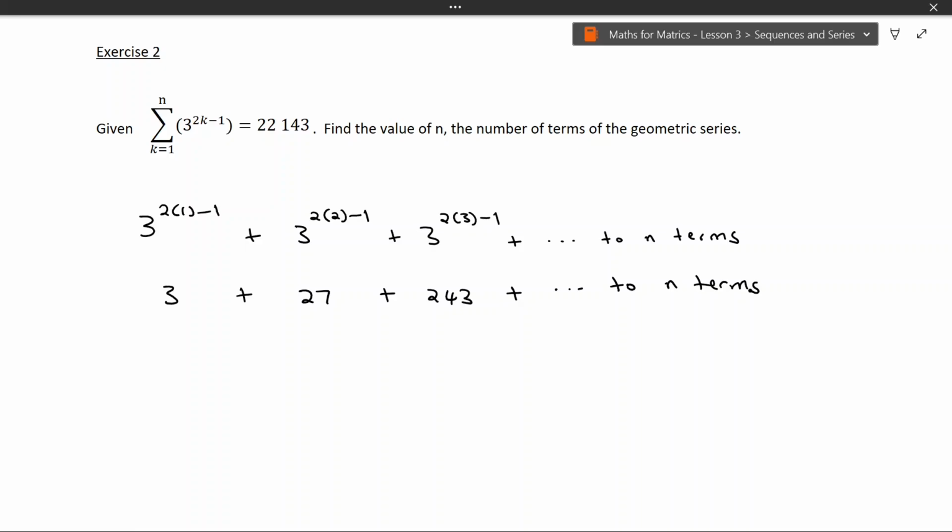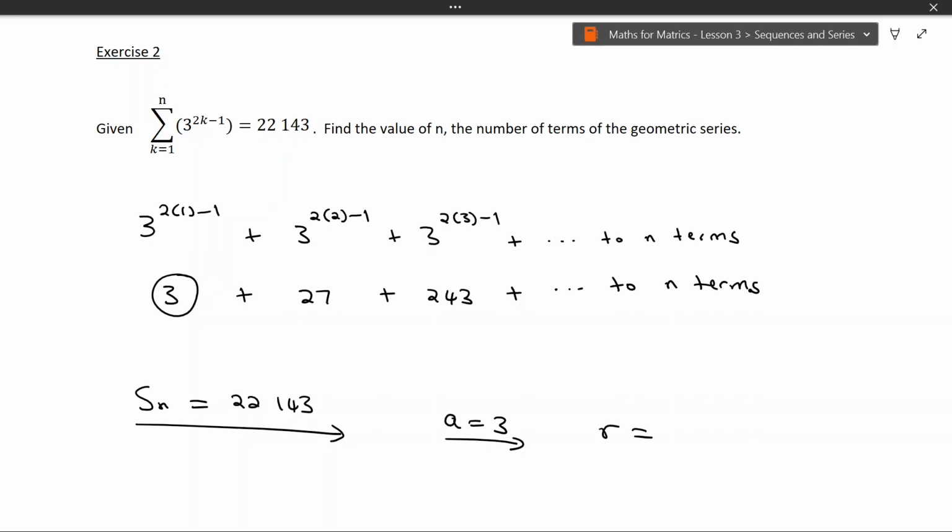The sum of all the terms, Sn, is given to us and it is equal to 22,143. The first term of our series is 3. Therefore, a is equal to 3. r is equal to t2 divided by t1, which is 27 divided by 3, and it is equal to 9.